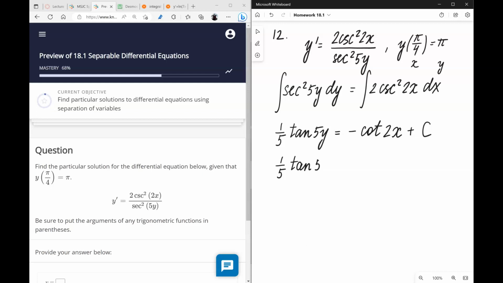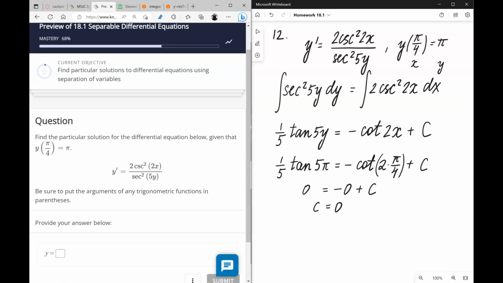So we have tangent of 5 pi equal to negative cotangent 2 times pi over 4 plus c. Tangent of 5 pi, I believe it's 0. Cotangent of pi over 2 is cosine of pi over 2 over sine, so it's 0. So it looks like c is equal to 0.